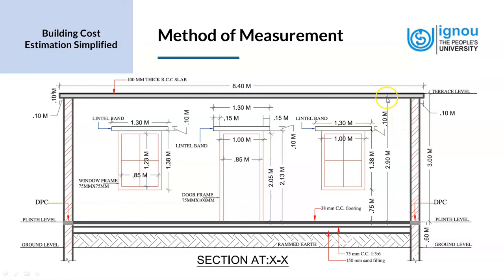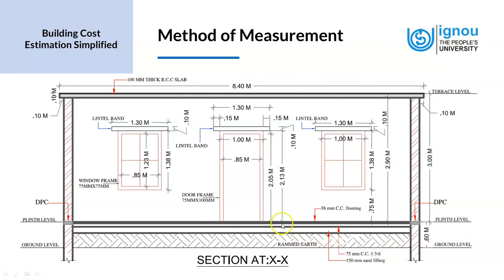The bottom of the slab from the top of the plinth level is 2.9 meters. This is one dimension that we would need in addition, because we already know the length of the brickwork that is going to be there. The brickwork is going to be around the perimeter of the room, but the height that we need to take from the section drawing is the 2.9 meter height.